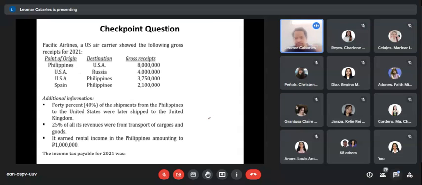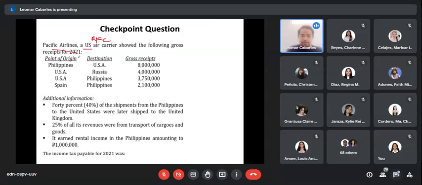So we have here a checkpoint question. Pacific Airlines, US, so this is foreign, no? Foreign. So this resident foreign corporation. So ito na yung mga receipts niya. Ano ang importante dito, class?